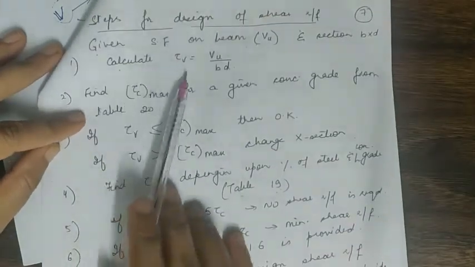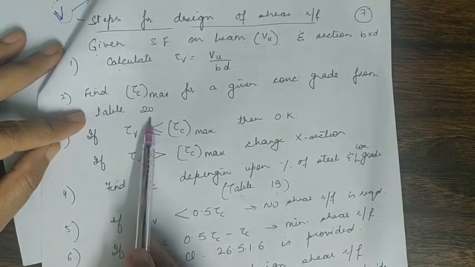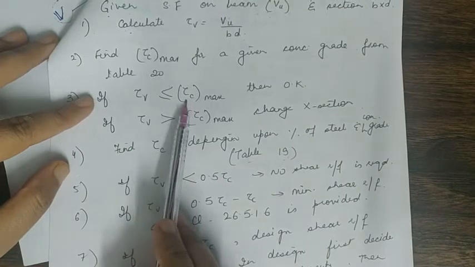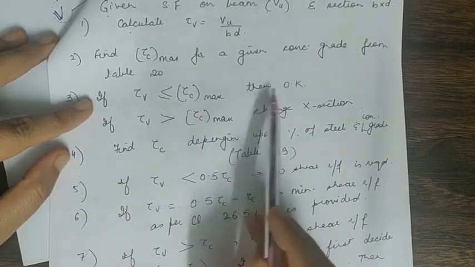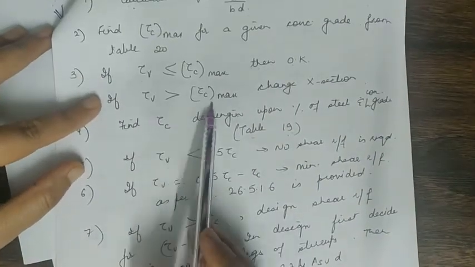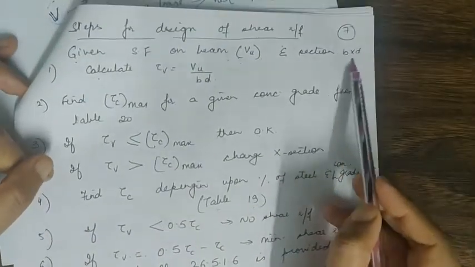Then you compare this tau V with tau C maximum that is given in table 20. It has to be less than tau C maximum. If tau V is less than tau C maximum, then okay, you can proceed to the next step. If tau V is greater than tau C maximum, then you will have to change your basic cross section that was provided.